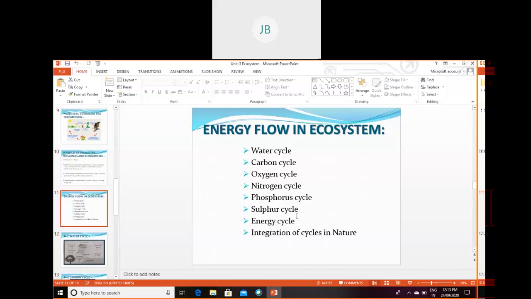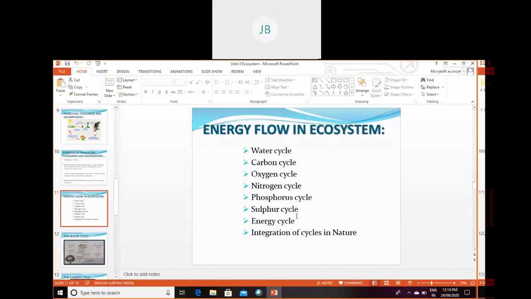Carbon dioxide is absorbed by the plants and oxygen is released. Animals depend on the oxygen for their respiration. The water cycle depends on rainfall, which is necessary for plants and animals to live. So all these cycles are interlinked with each other.